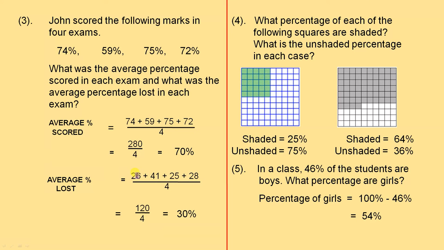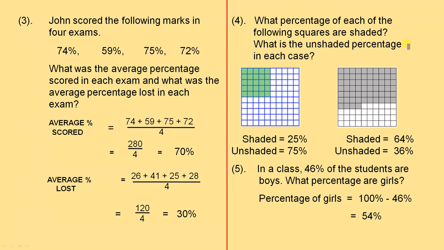So the average percentage lost, you add those up, divide by 4, 120 over 4 is 30%. Now the quick way we could have found that answer was, if the average percent scored was 70%, then what do you have to add to 70 to give you 100? 30. So that would have been the quick way to do it, but that way is quite acceptable.